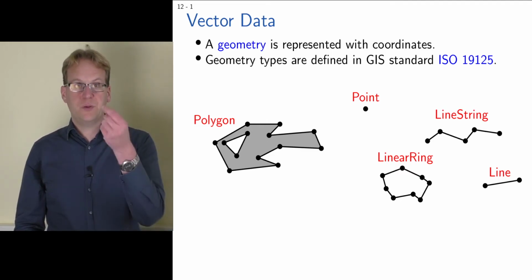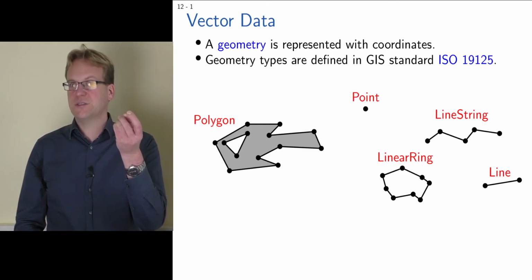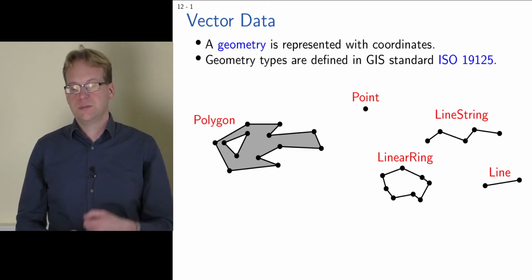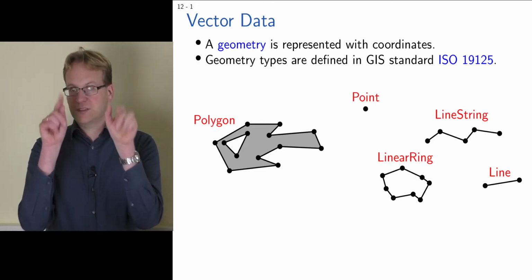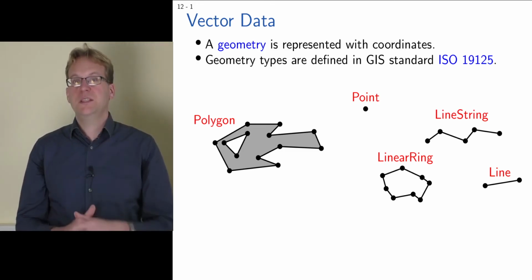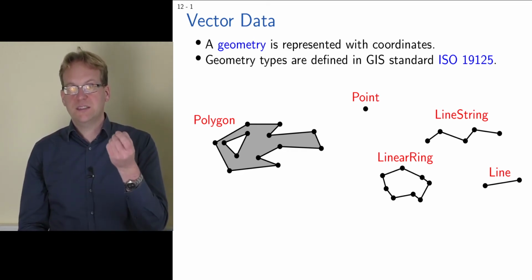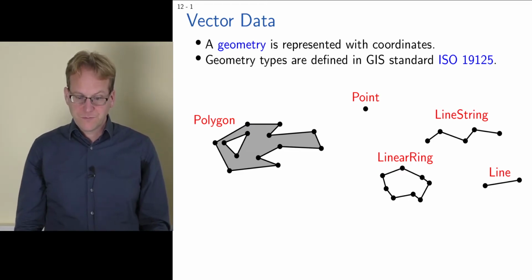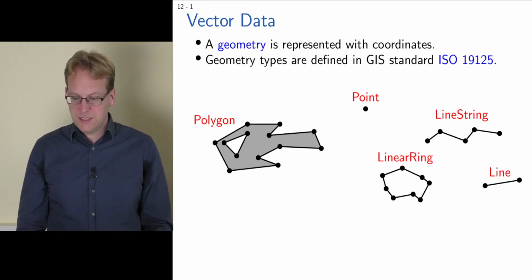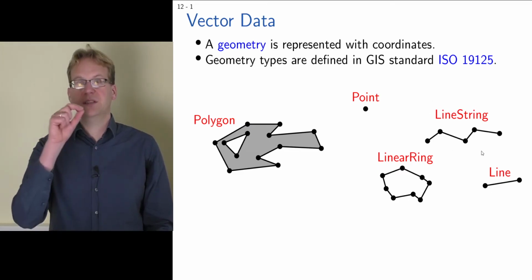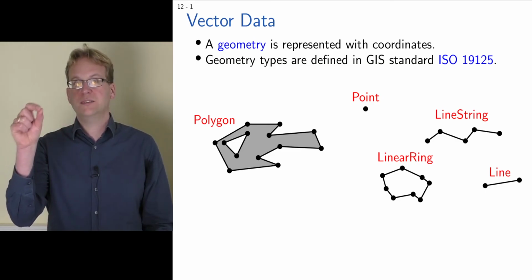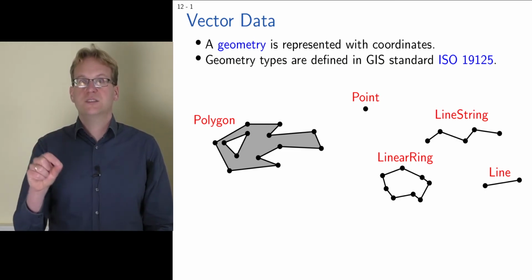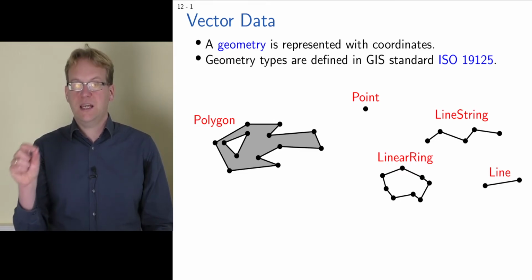For example, a point consists of an x-coordinate and a y-coordinate. And now we are not restricted to some raster, but that could be any point represented with a pair of real numbers, for example. Well, and similarly, a line string, for example, would be a sequence of points, each of which consists of 2 coordinates, namely x and y.